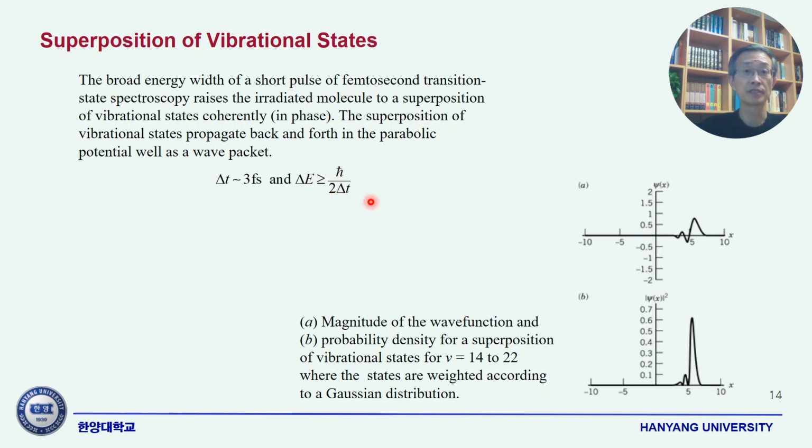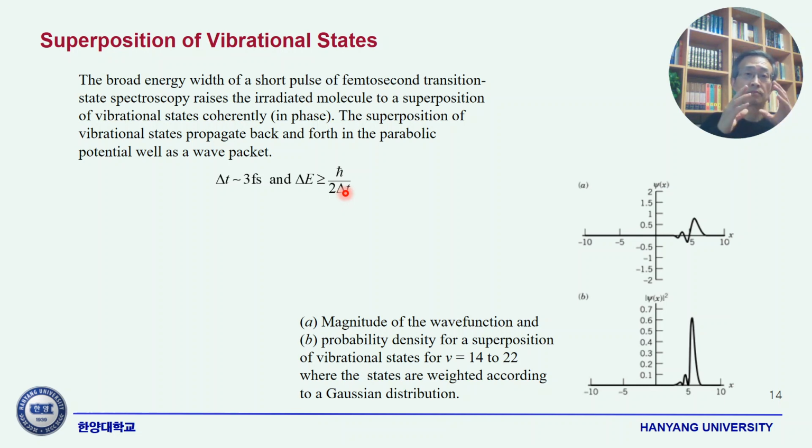Okay, that's the uncertainty in time and energy. So if the laser pulse is this short, the energy distribution, or uncertainty in energy, is h over 2 delta t.